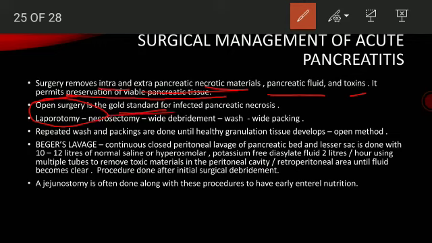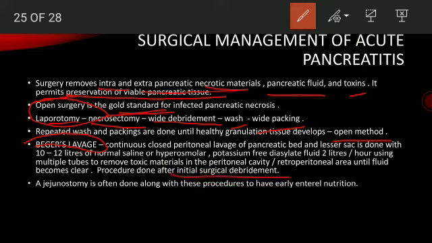In open surgery, we will perform laparotomy, necrosectomy, wide debridement, wash, and wide packing. Repeated wash and packings are done until healthy granulation tissue develops in the open method. Then we perform Beger's lavage. This procedure is performed after the initial surgical debridement.